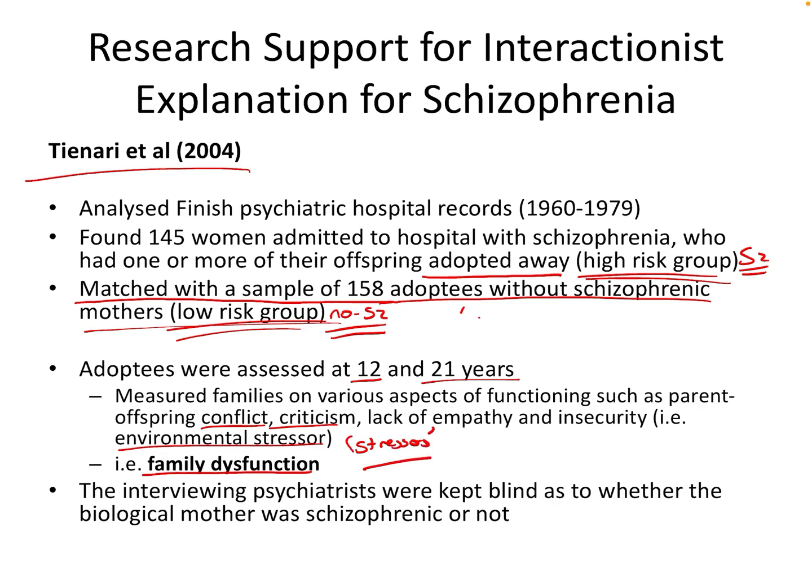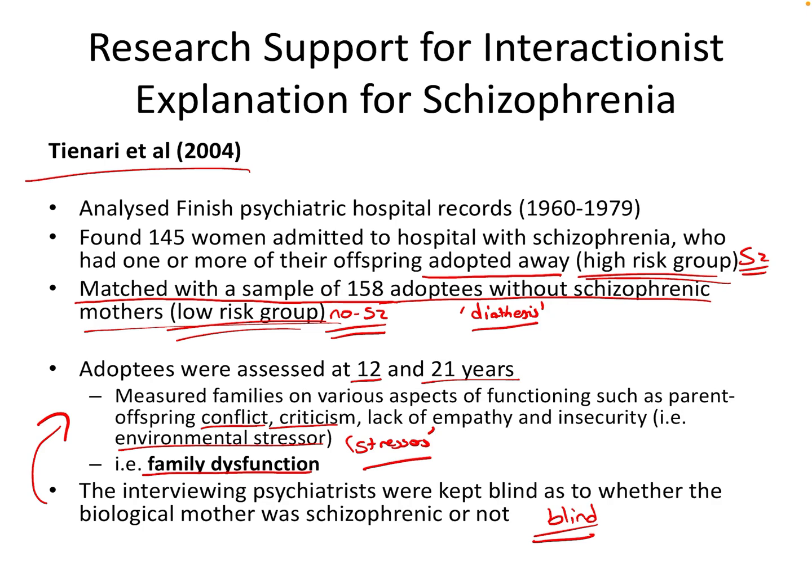And up here, we're looking at the diathesis. So the psychiatrists who were assessing the adoptees didn't know whether that adoptee's biological mother was schizophrenic or not. So we've got a blind procedure here to avoid, obviously, any investigator bias.